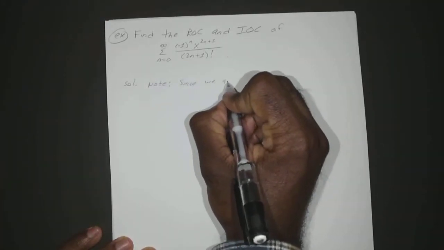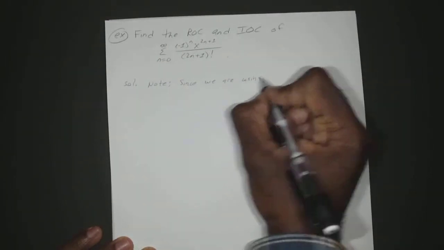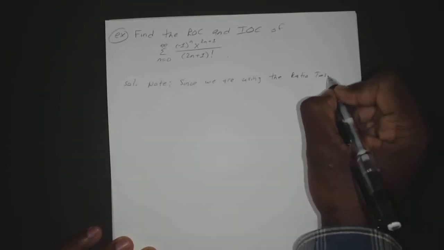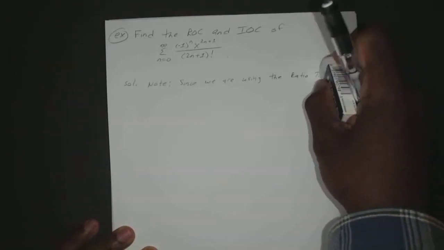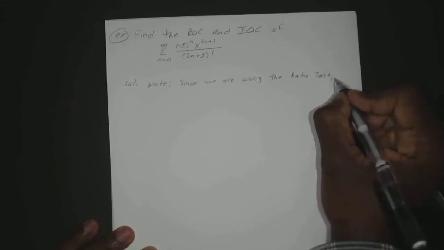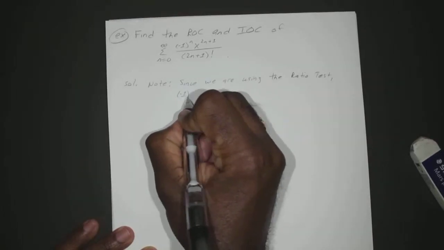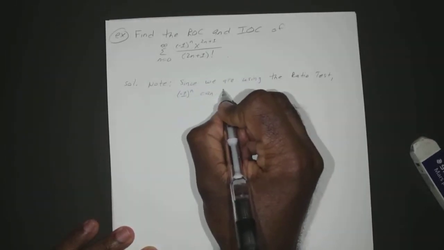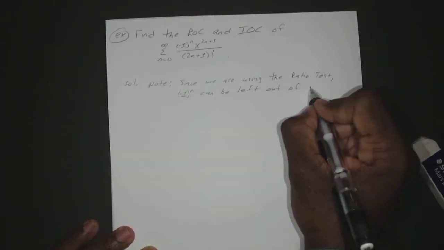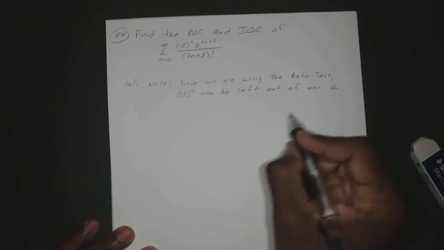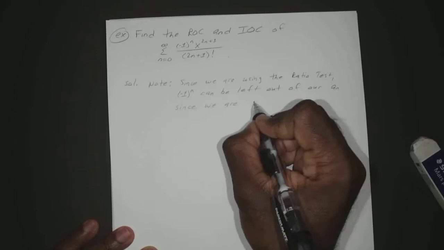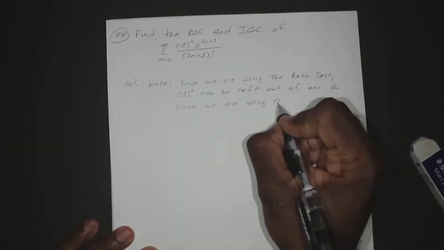Since we are using the ratio test, the -1 to the nth can be left out of our a sub n since we are using the absolute value.